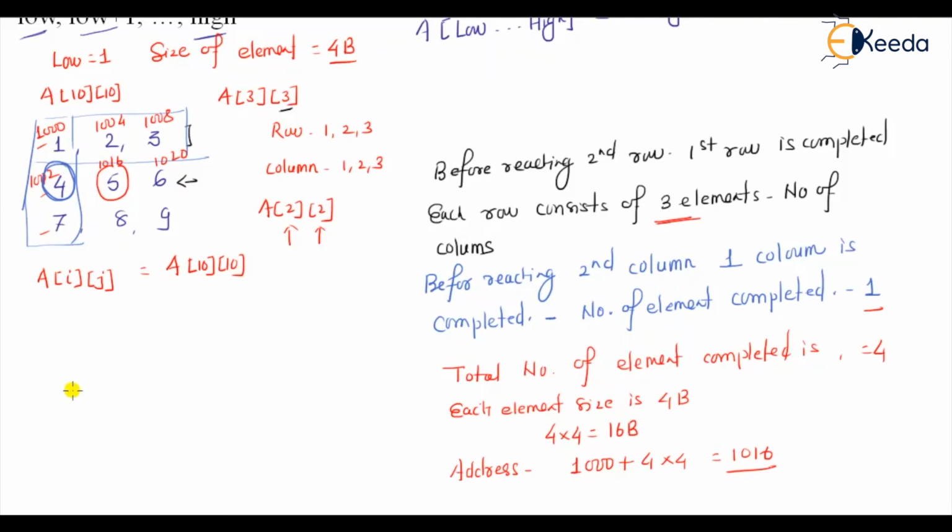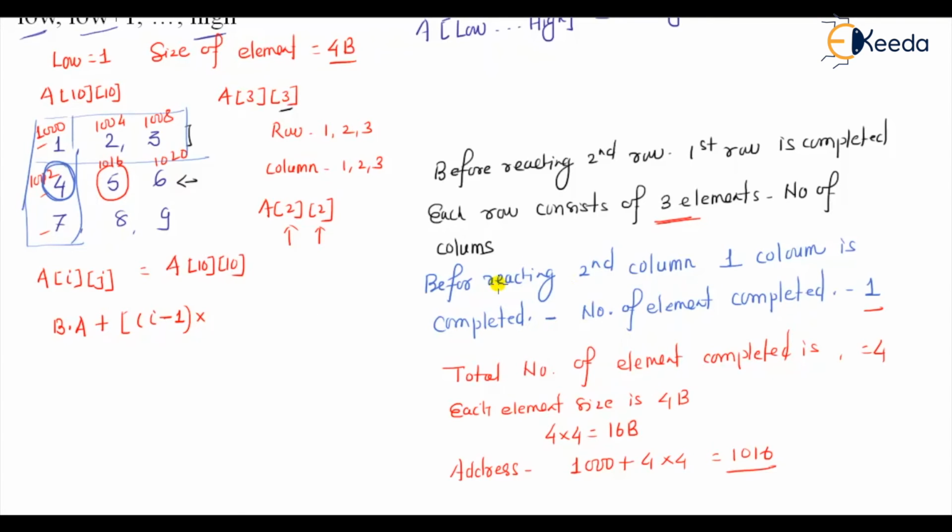So what I can say here is that there will be a base address plus, okay, now I'll do some computation for this ij, I minus. So here I minus, what I have done is the second row and only 1 row is completed, okay. So I minus 1, and then I'll put a multiplication over here, multiplication with what?